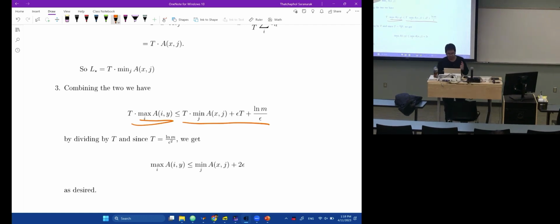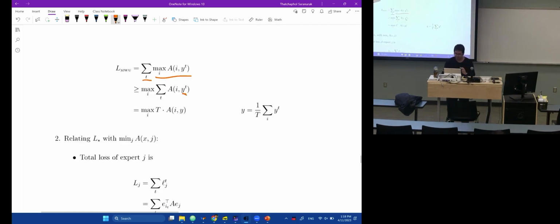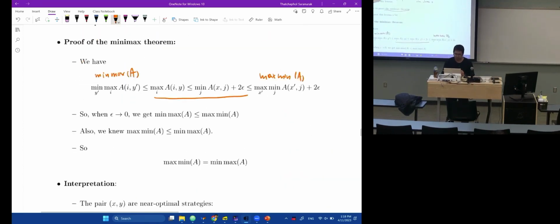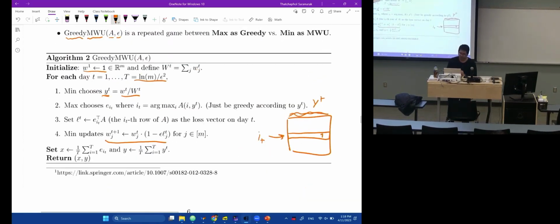It doesn't matter too much how you follow the algebra, but the point is this. The intuition you should have is that Min, once she chooses the best column, the best strategy, but she doesn't know which one is the best. So she just chooses a distribution of columns.